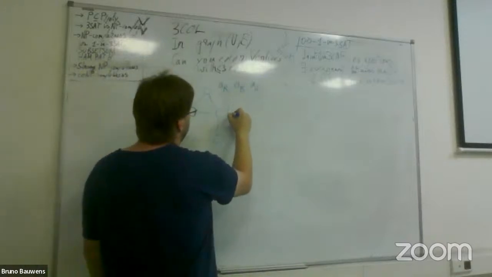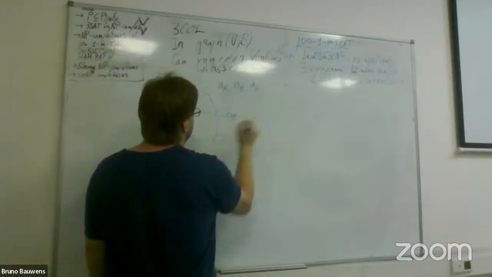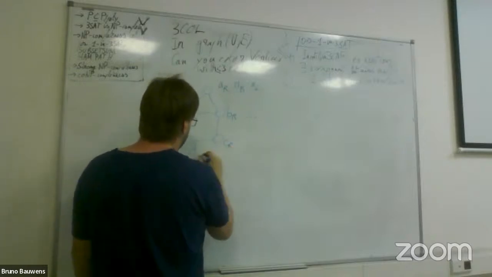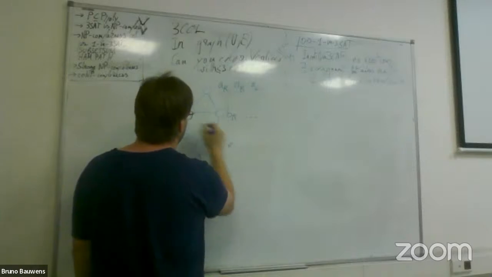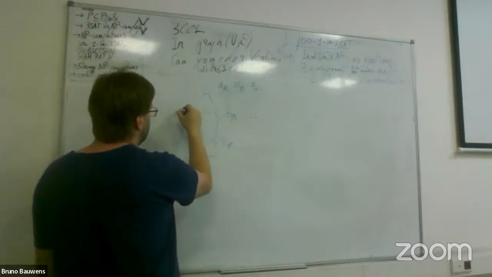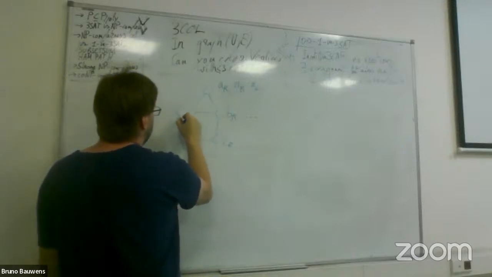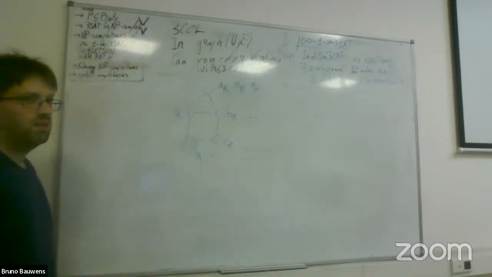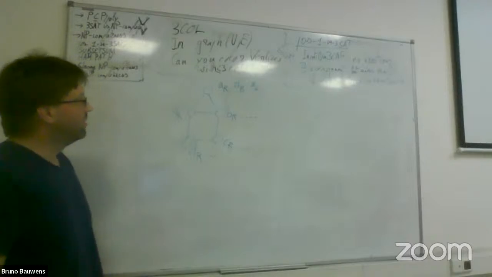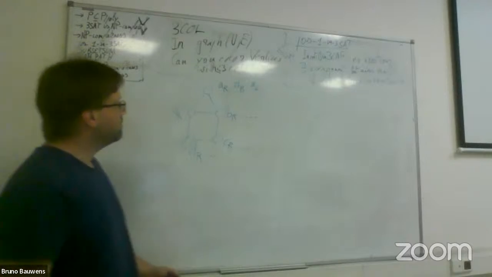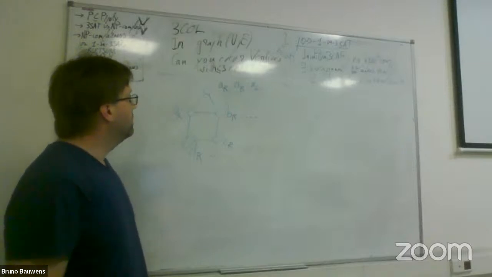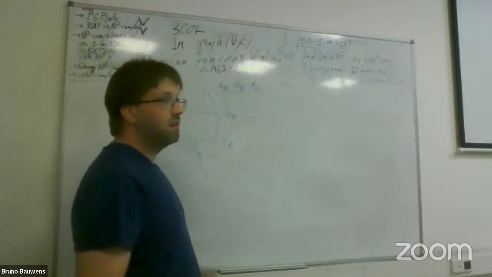And so here we have node B, with B_R, and C, D, and so on. E_R, E_B, E_G, and so on.